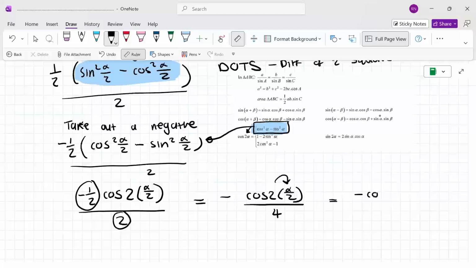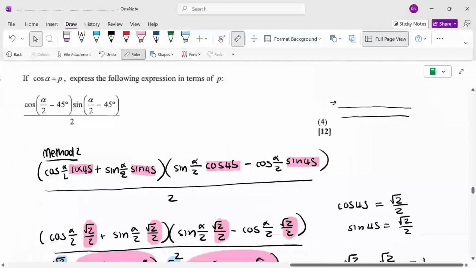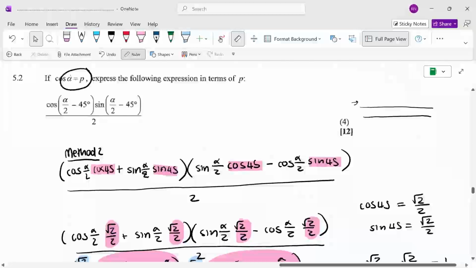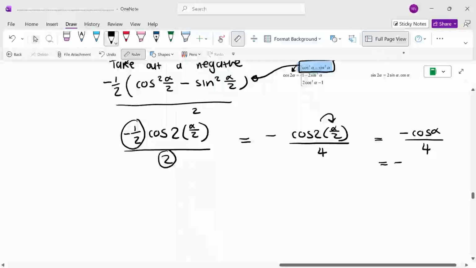So minus cos alpha over 4. We are told at the very beginning of the question that cos alpha is equal to p, and so we can change this to be equal to negative p over 4.